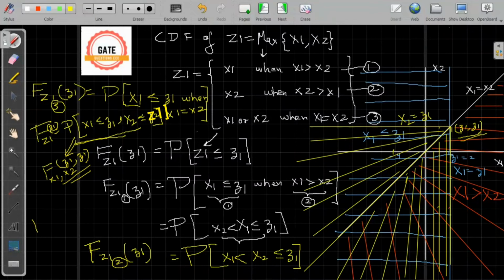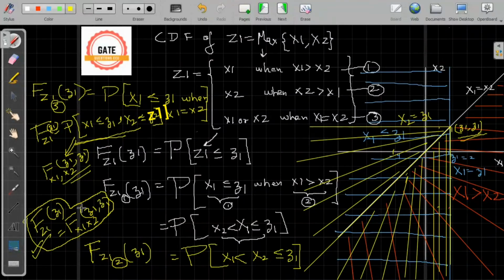So hence we conclude that the CDF of Z1 will be equal to the joint CDF of X1 and X2 with parameters z1, z1. So this is the conclusion that I wanted to bring in front of you. So this is the final result.